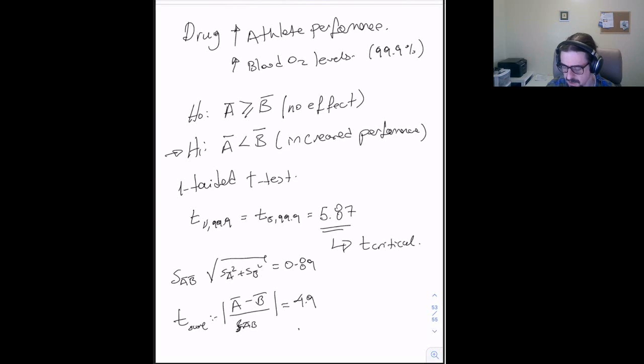So the answer to our question is that the t-score is smaller than t critical. That means we accept H0 and the drug has no effect.